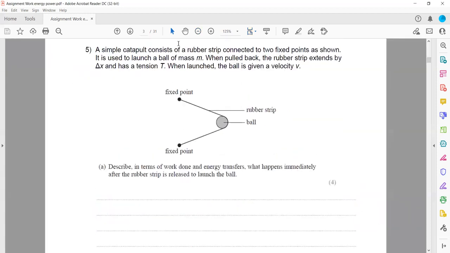So basically what happened, in terms of work done, we have to use the terms work done and energy.